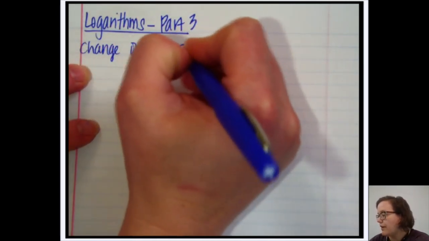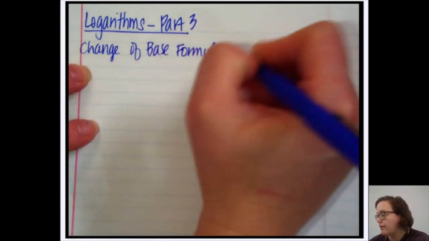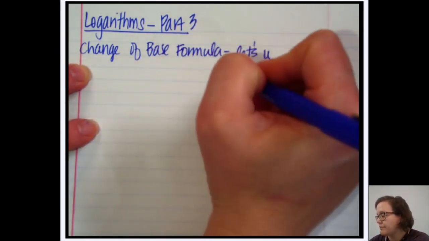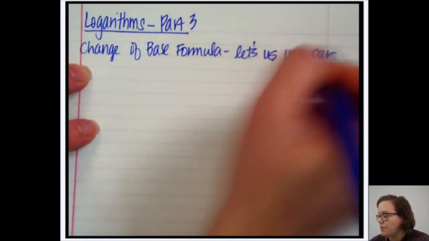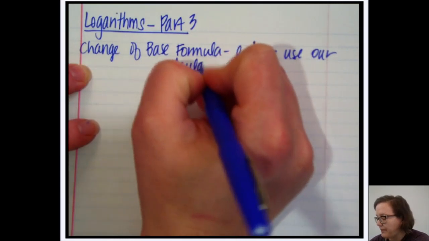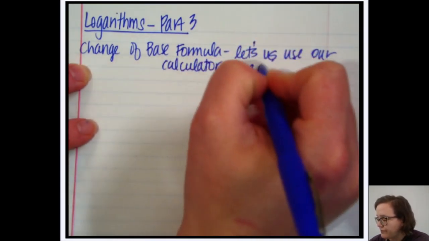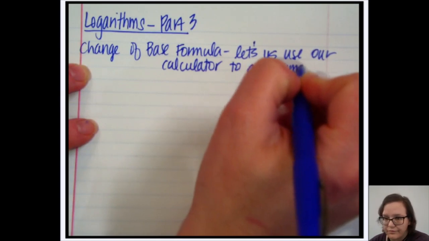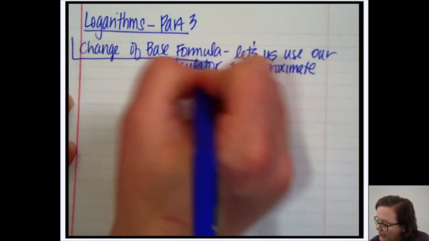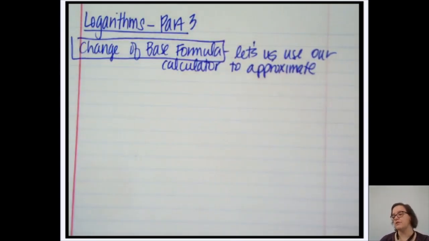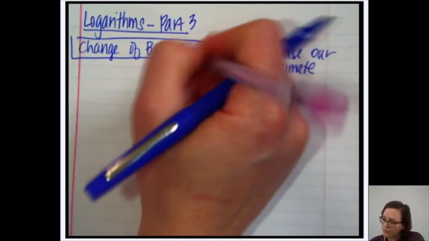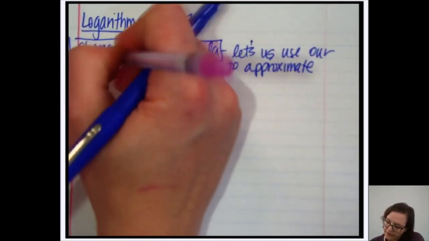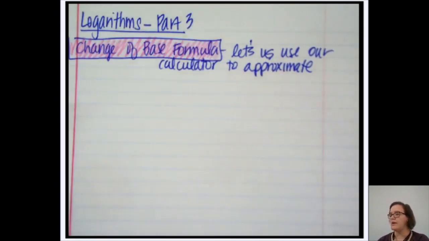It lets us use our calculator to approximate, and it's pretty important later on, so make sure that you have a handle on it today. So change of base formula. This is for when we can't find an exact answer.